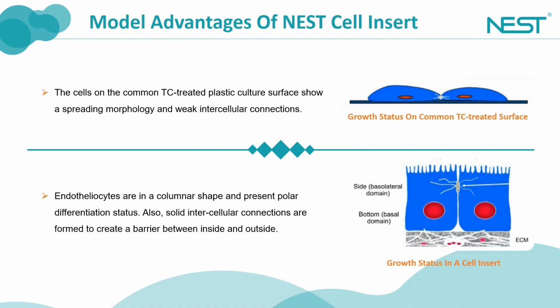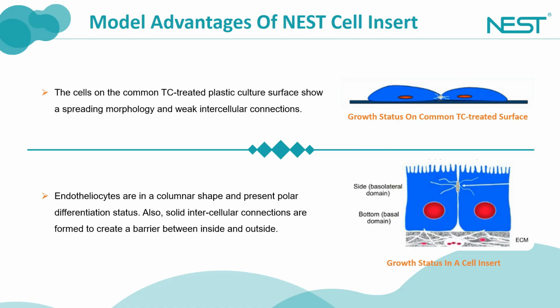Secondly, the cell insert divides the whole cell culture area into the upper chamber and the lower chamber, so we may inoculate one type of cells in the upper chamber and the other one in the lower chamber during the co-culture of several cell types. The growing environments of the two cells are totally the same, since they may communicate and exchange through the microporous membrane.